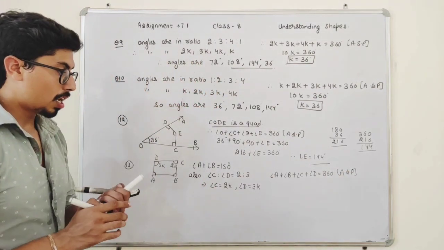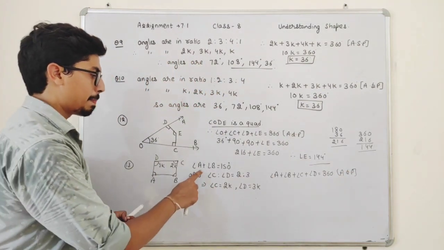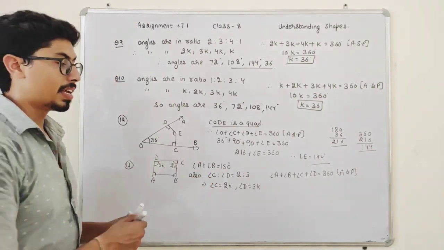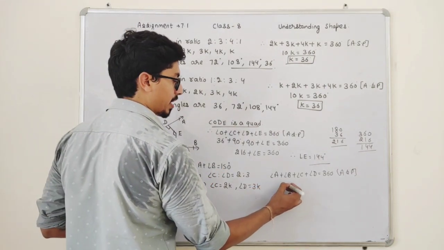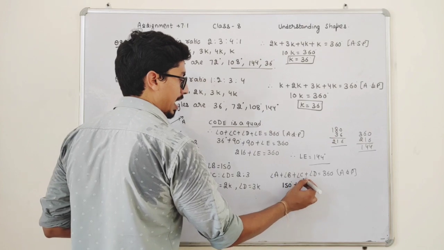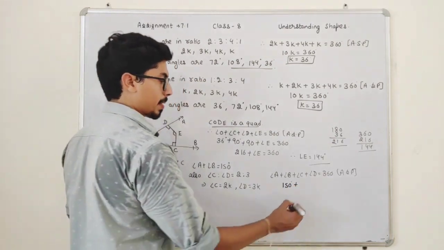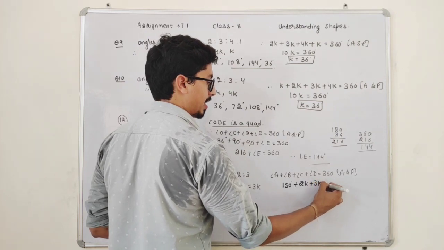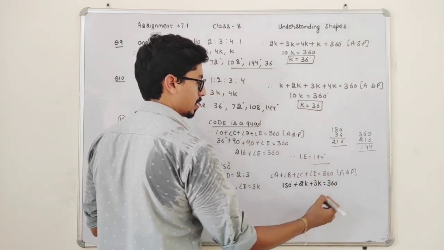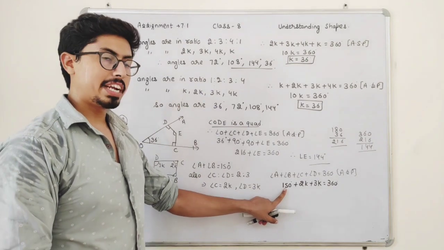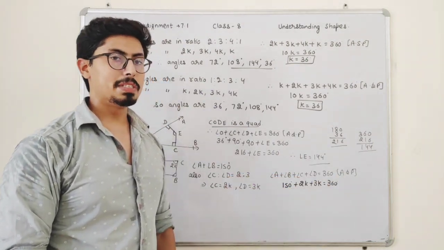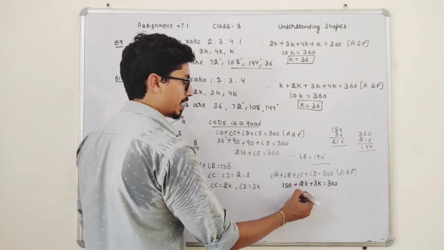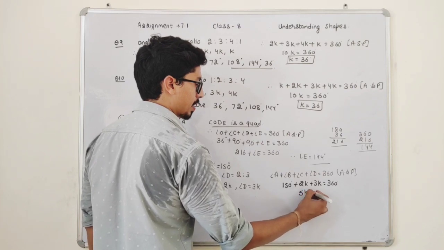Okay, students. Now see, angle A plus angle B is 150 degrees. Angle C is 2k, D is 3k, and this is 360 degrees as it is. 150 is in addition, and when it goes to the right-hand side, it will be subtraction. So 2k plus 3k will be 5k.